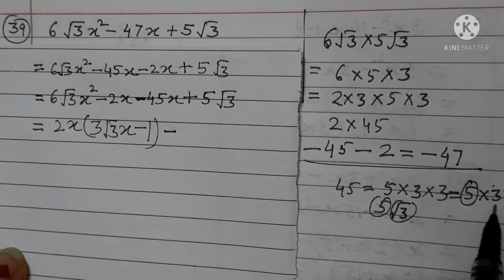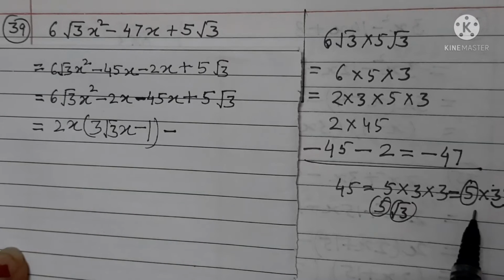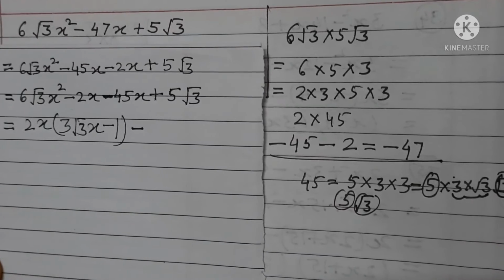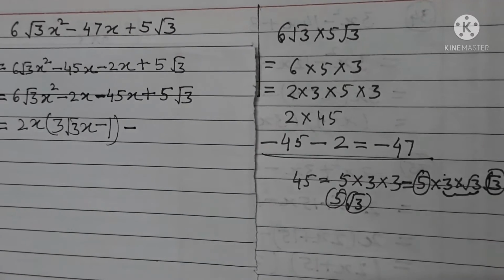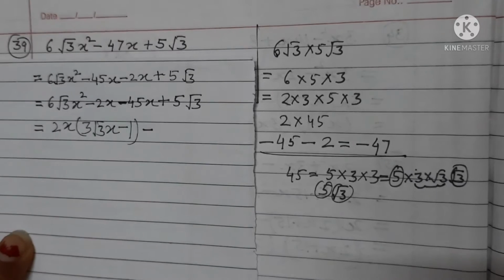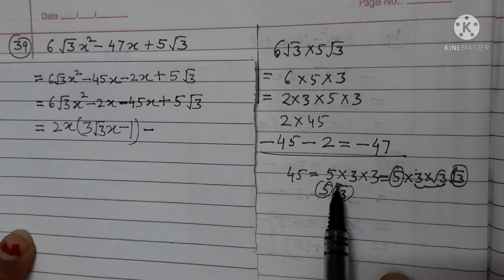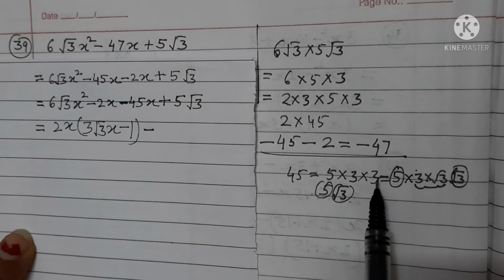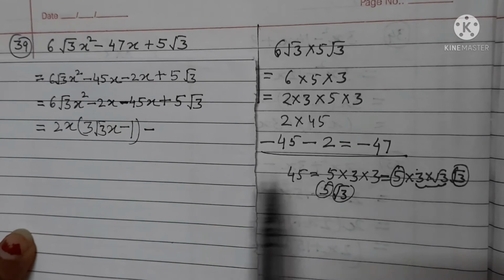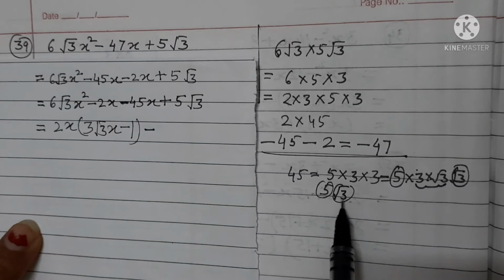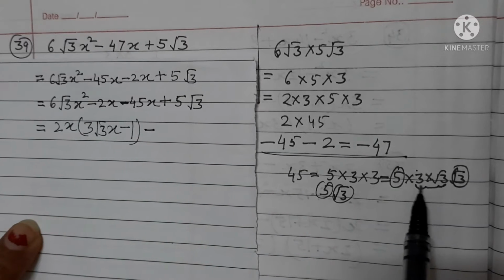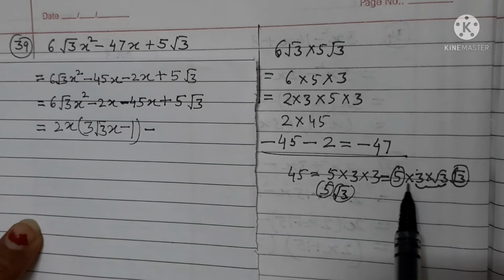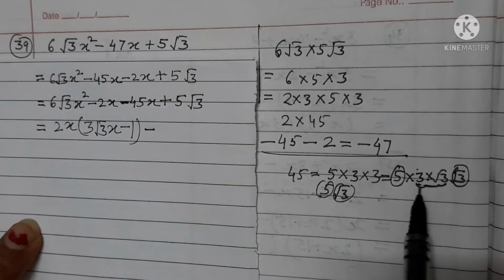What remains in the other part? 3 root 3. See again, 45 is equal to 5 into 3 into 3, and you can write it 5 into 3 into root 3 into root 3, and the other part is 5 root 3. When you take out 5 root 3, 5 common, root 3 common, the other part remaining will be 3 root 3.